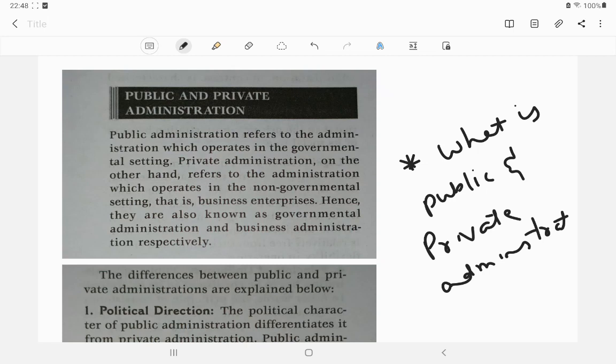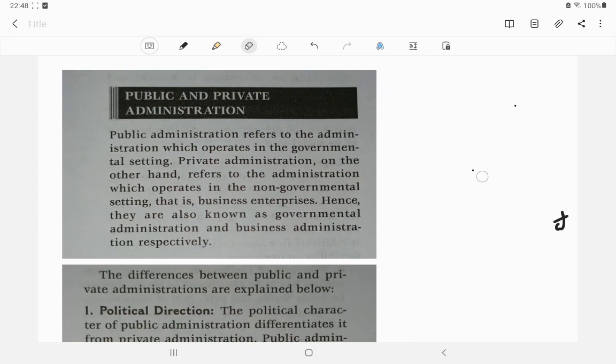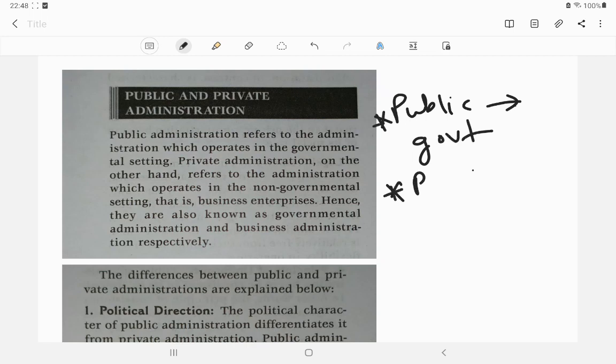So 2 marks la what do you understand by public and private administration, or what do you mean by public and private administration? So your answer should be precise. That is, first the public administration is the administration that is run by the government, and private administration is a type of administration that is run by private or business individuals.